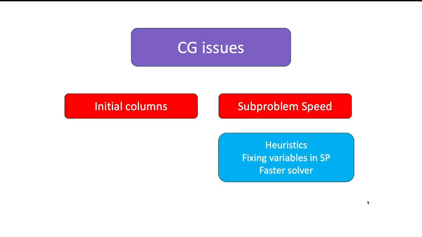Finally, we tried a faster solver, the CP-SAT solver instead of Gurobi. It has little to do with constraint programming in general, but more to do with how the solver is architected. It usually works better when you have a lot of binary variables and the problem is more combinatorial in nature. That also helped with the subproblem speed.